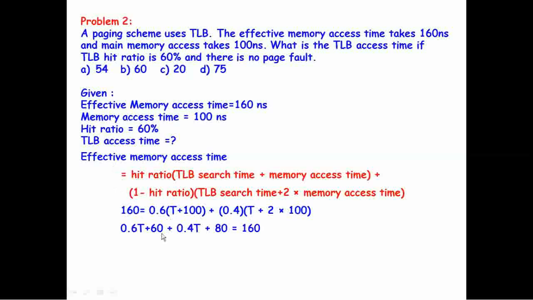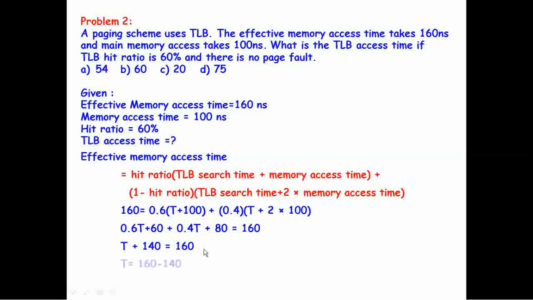After simplification we get 0.6 into T plus 0.6 into 100 plus 0.4 into T plus 200 into 0.4. So this is simplified like this, which is equal to 160. So after simplification, T plus 140 is equal to 160.